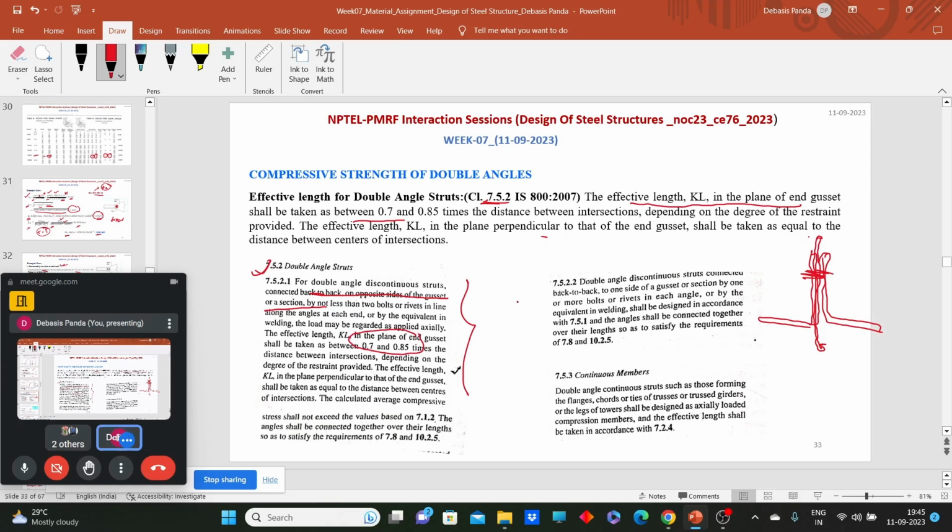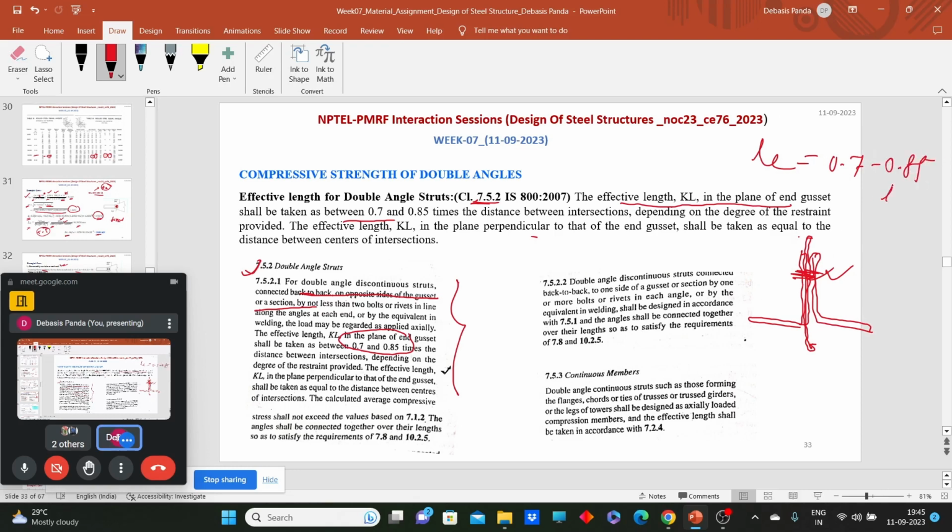That means if this type of scenario occurs where we are going to design a double angle discontinuous strut, the effective length should be considered as 0.7 to 0.85 of L.